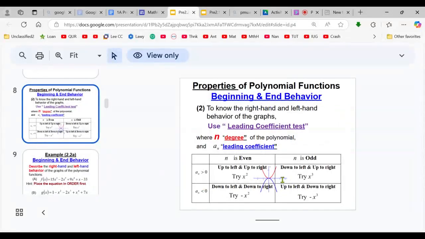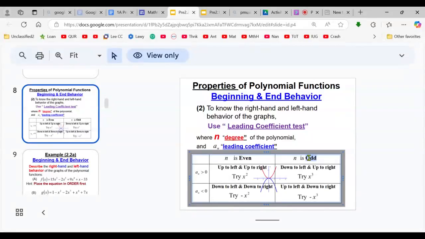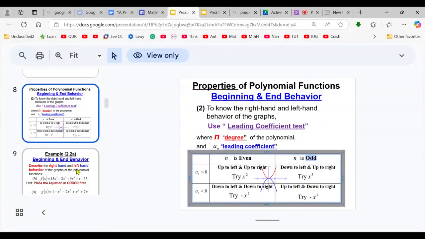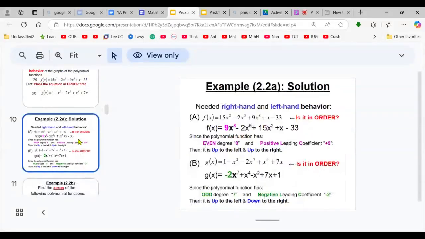Go to the formula, this one here, the box. Take a picture of it and you will know. This one, what is it? Odd or even? The power. Odd. And is a less than 0? Then this is the answer. Up to the left, down to the right. Okay? So this will be in the final exam.